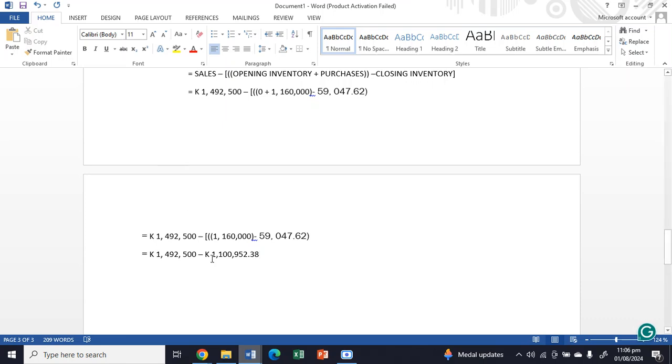Okay, so this is the cost of goods sold, right? So we want to find out the profit we made. So you say 1,492,500 minus 1,100,952.38.